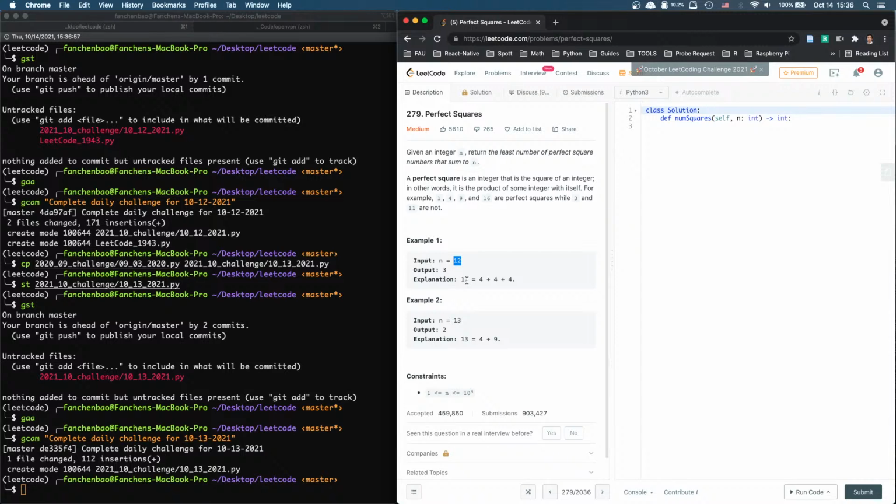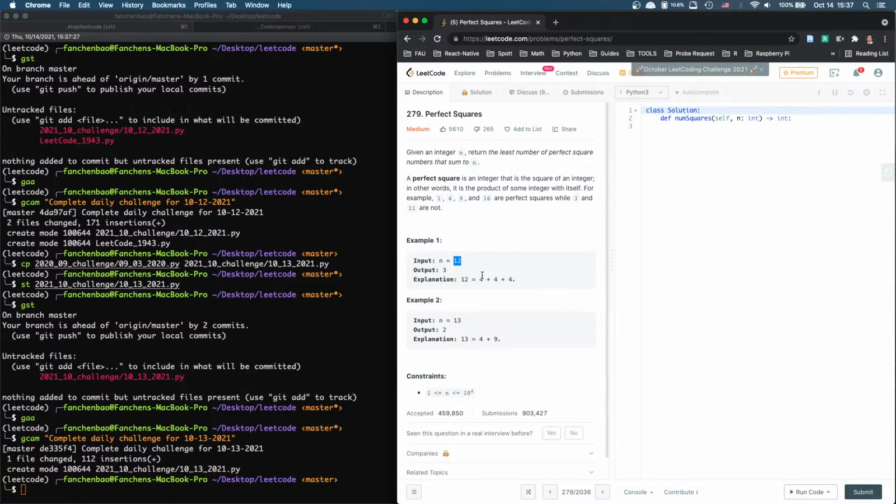So every perfect square from 1 all the way to this. Now we need to determine the least number of square numbers to sum up to 12. So what can we do? Isn't this like the least number of something? So we have all these values, right? 1, 4, 9, let's say.